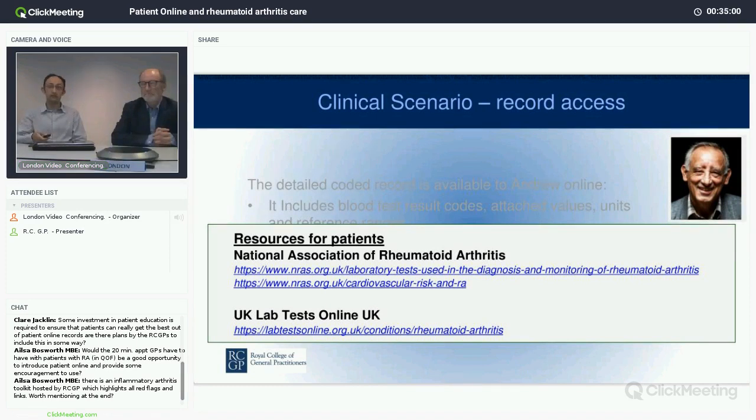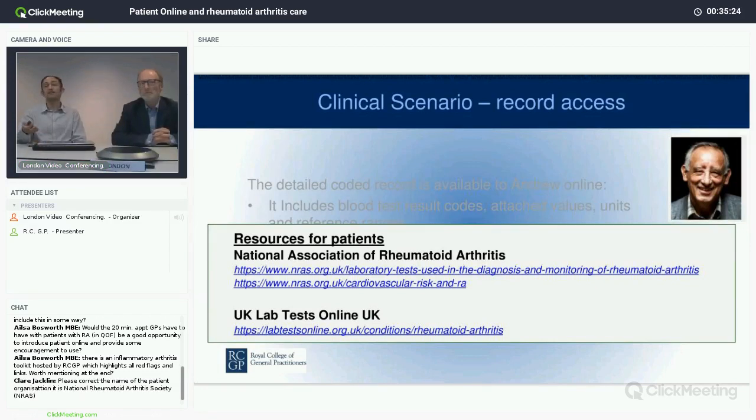Obviously, there's lots of clinical input that goes with this, but it allows the patient to become more engaged with and more empowered by their own blood test results. Other resources that we recommend are Lab Tests Online. Again, patients can have a look at very specific markers such as ALT, ALP, ESR, CRP, any of the common lab tests, and indeed some of the more obscure lab tests, to have a fuller explanation of what that actual test means and how they should interpret it.